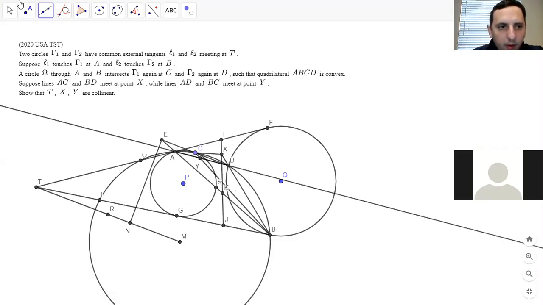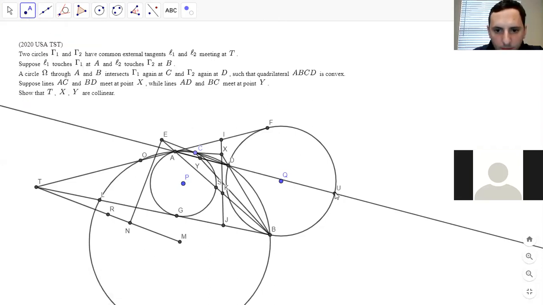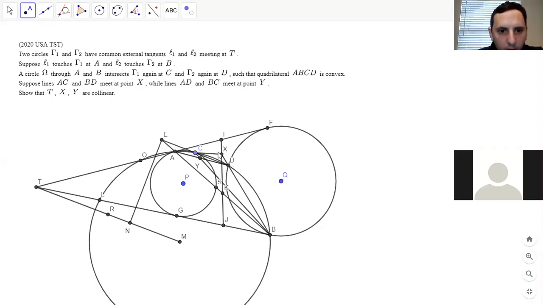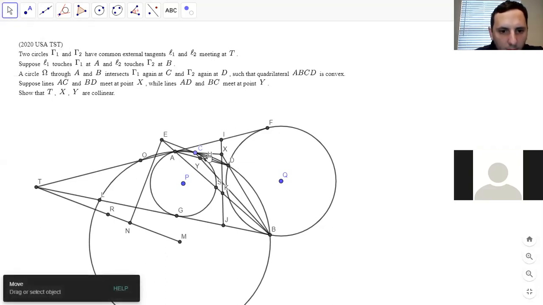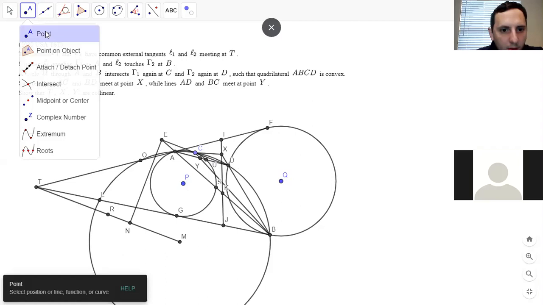It already cut. No, the smaller circle. The smaller circle. Yeah, and BC and BA cut the bigger circle.